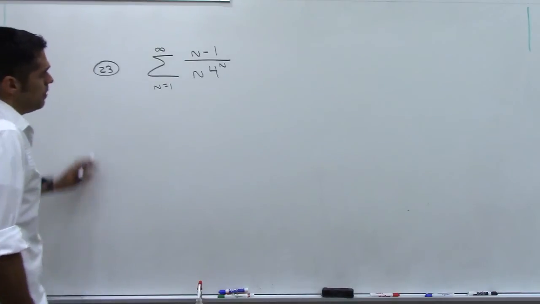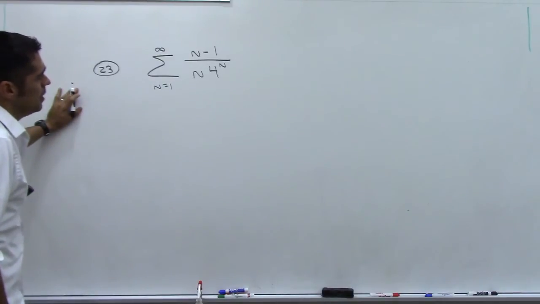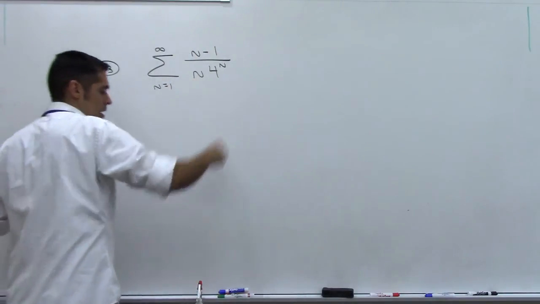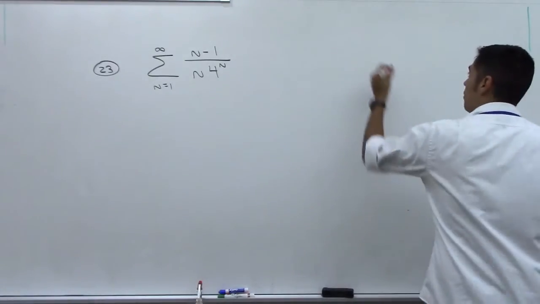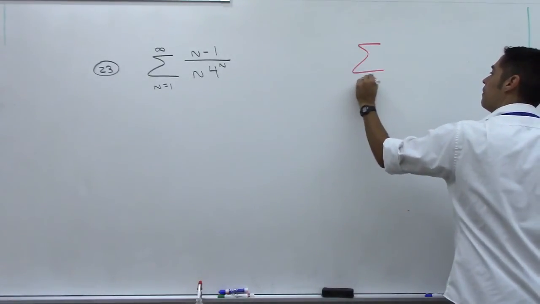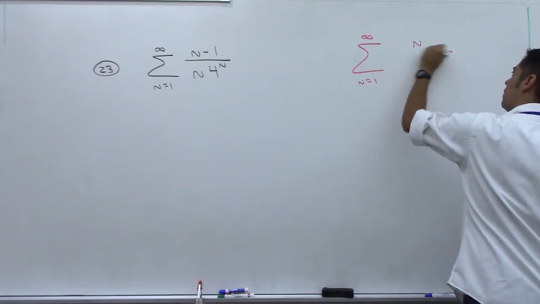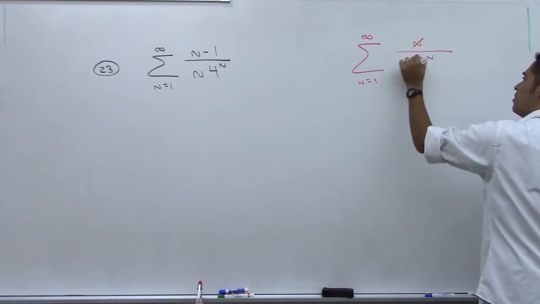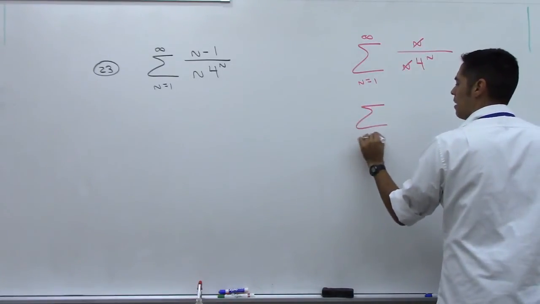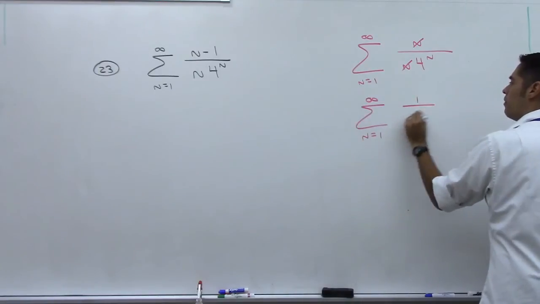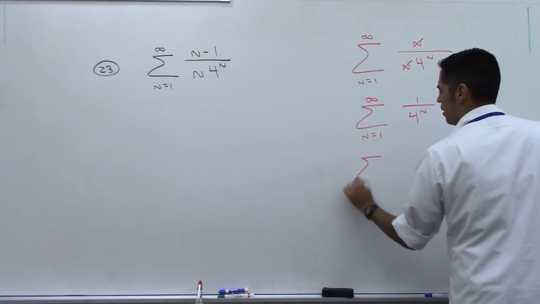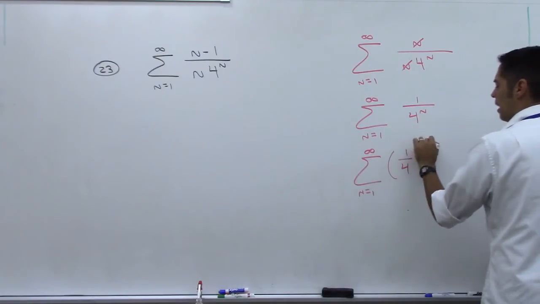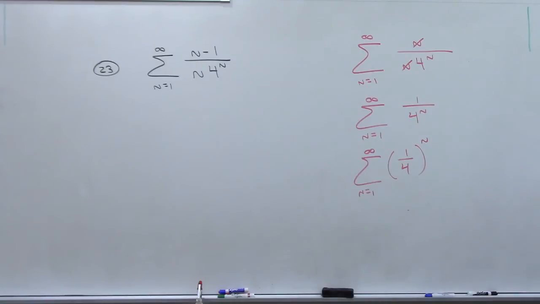Well, comparison, what do we want to compare it to? If n gets really big, the top acts like n, the bottom acts like n. So let's just think about that. If we look at n getting really big, the top really behaves like n. This bottom here behaves like n times 4 to the n, and these n's would cancel, which means this really looks like it might be behaving like 1 over 4 to the n, which is really just (1/4) to the n, which is geometric.